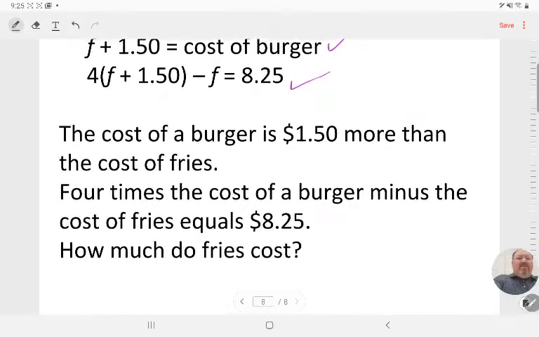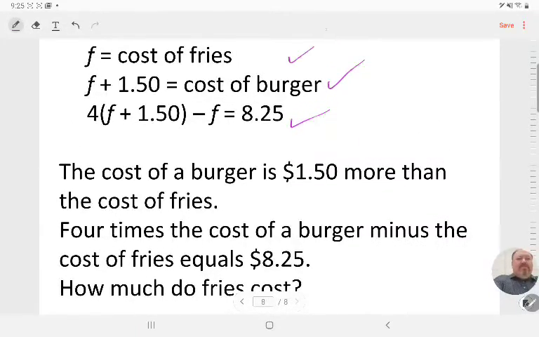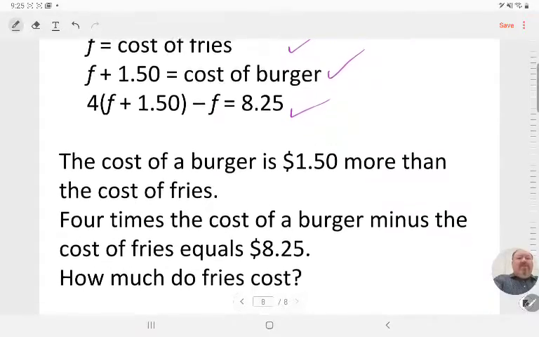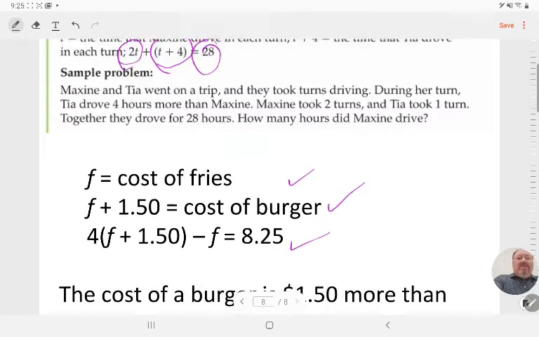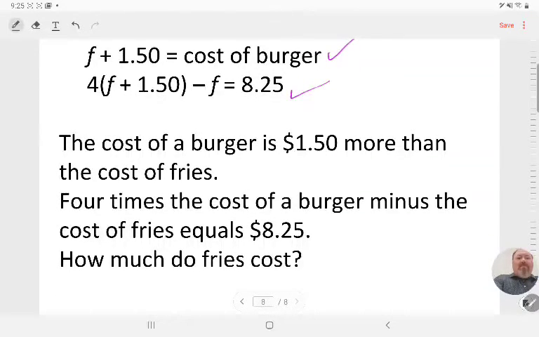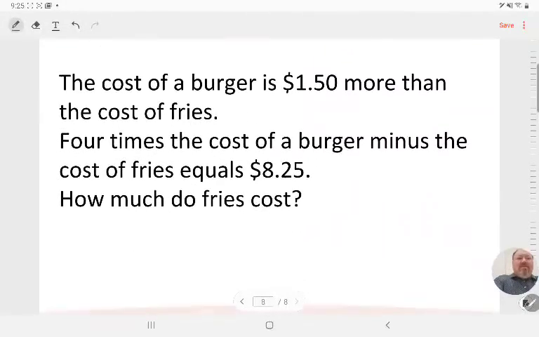How much do fries cost? Okay, so that encompasses everything. It's not as detailed of a story as the sample problem in the first example, but it's a word problem that encompasses all of the information that was given. Okay, so that's how you'd work those types of problems.